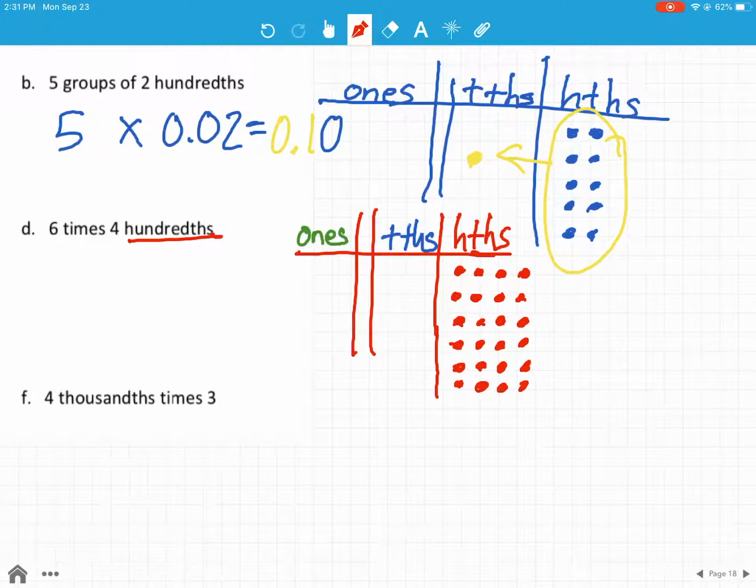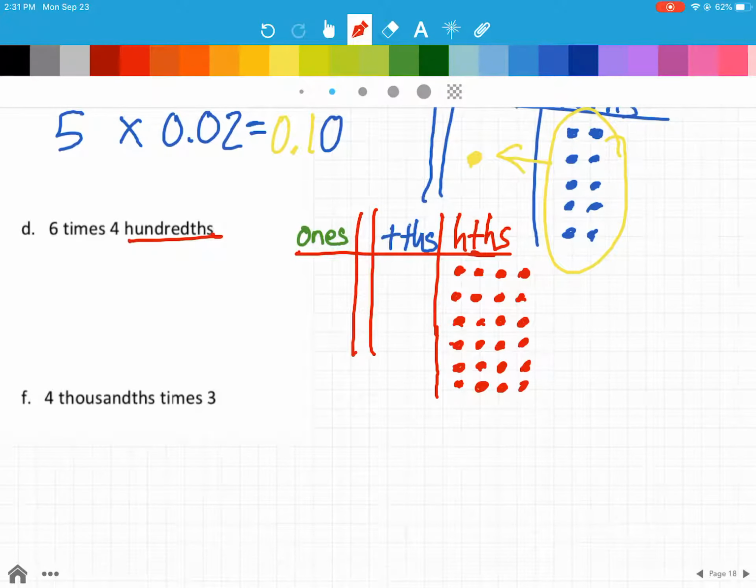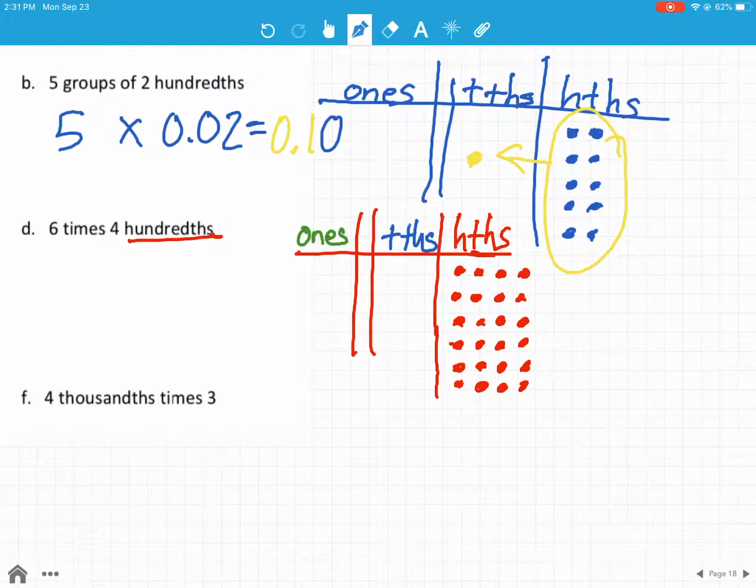Now again, we need to group them in groups of 10. We can move them over. We have another group of 10. Move that over. And we're left with 4.